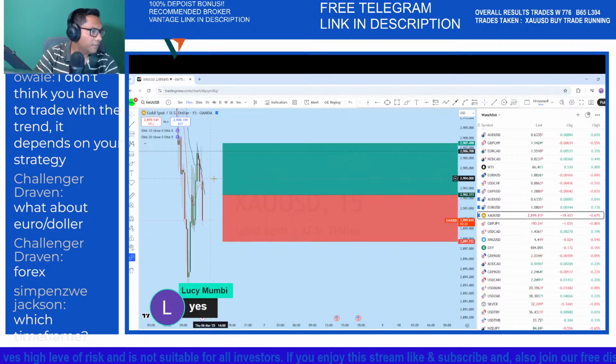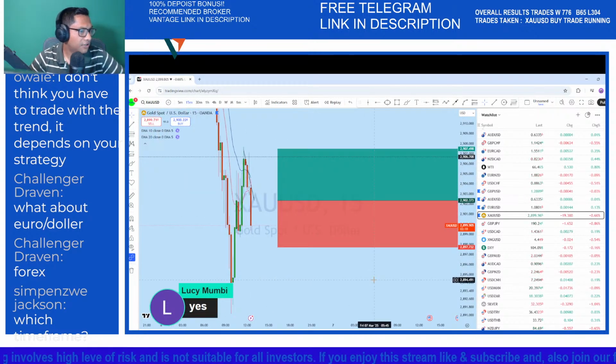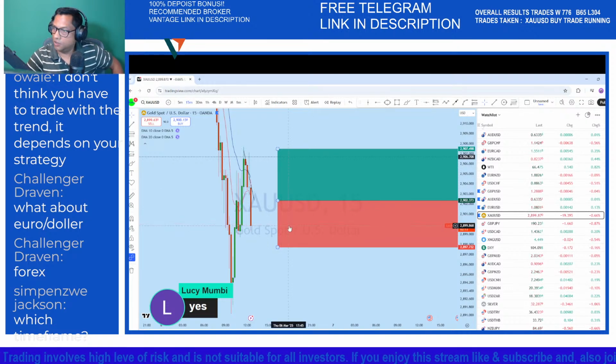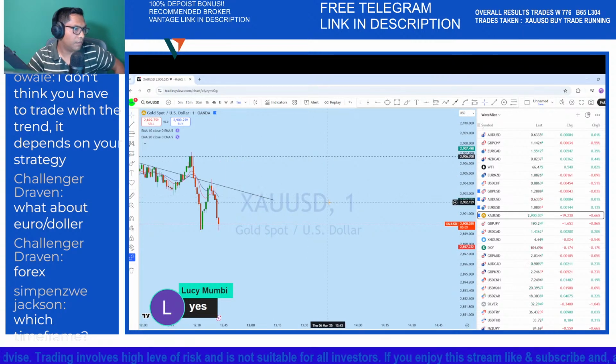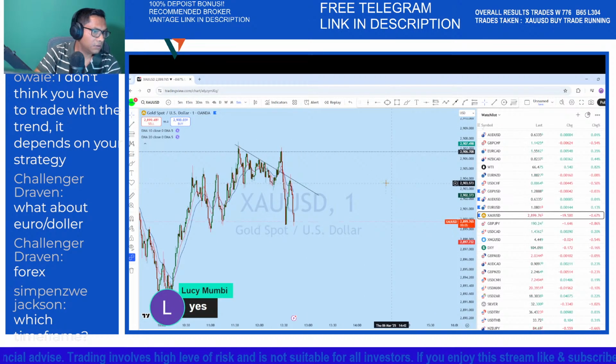Okay, so here with a doji formation, the market has got a rejection. So it rely on a potential bounce.